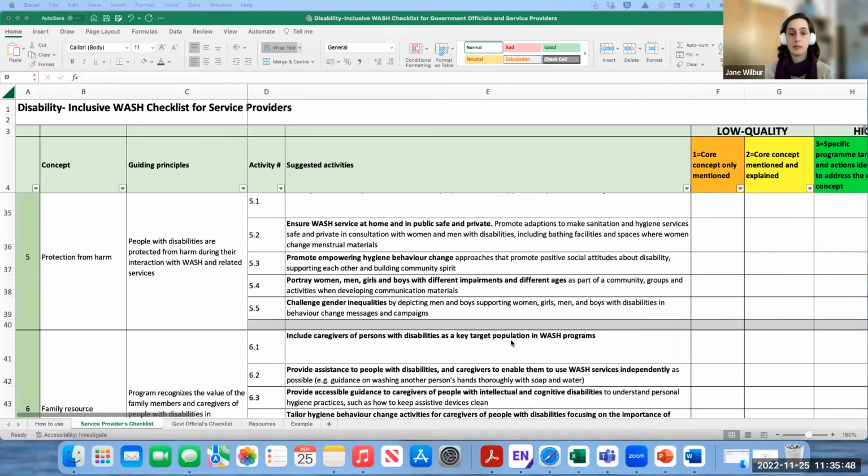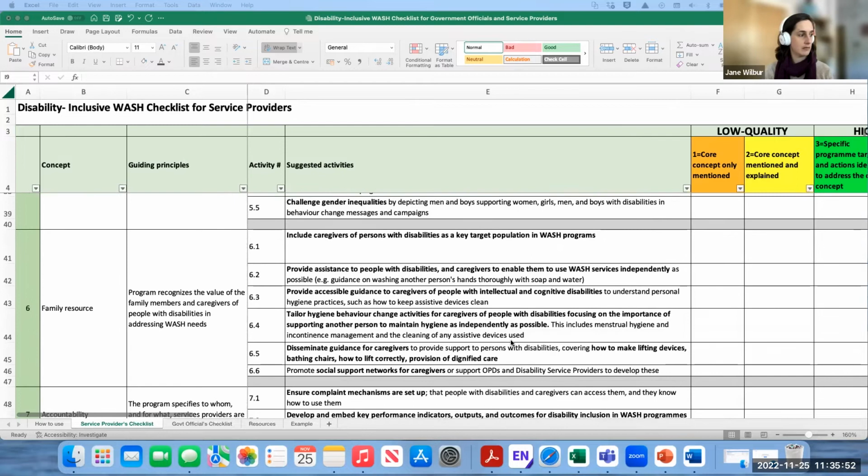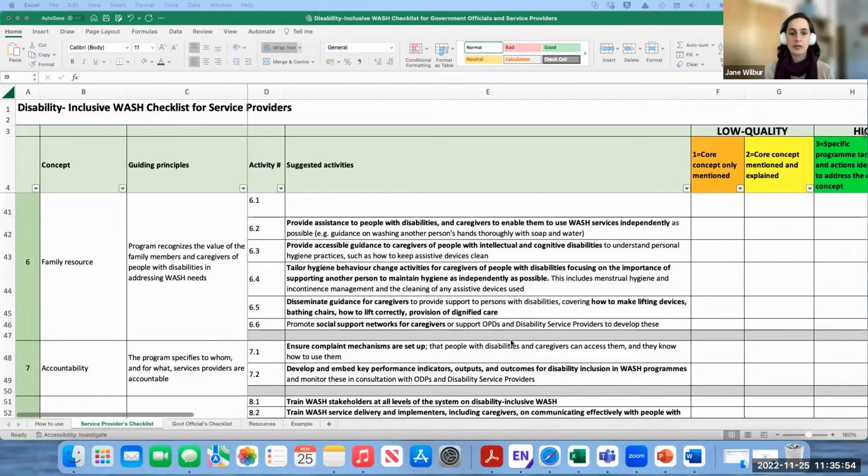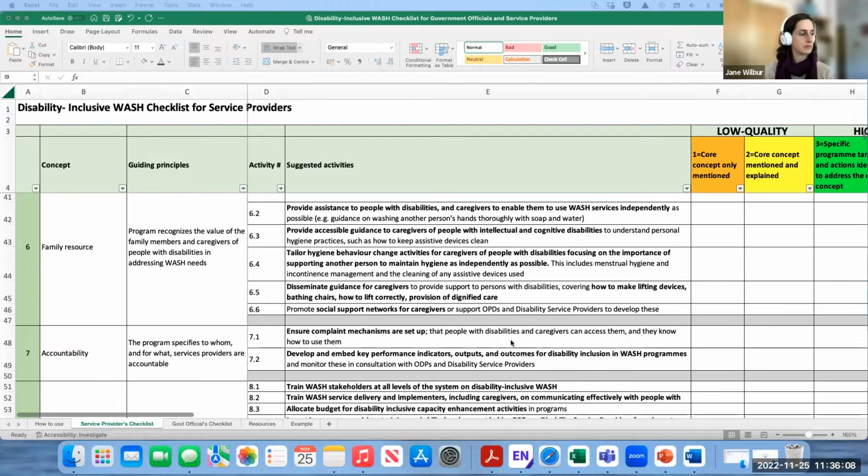Protection against harm relates to when people interact with WASH services. Family resource is about recognising the role that family members and caregivers play in helping people with disabilities with their WASH needs and requirements. It's also about supporting caregivers to carry out that role.